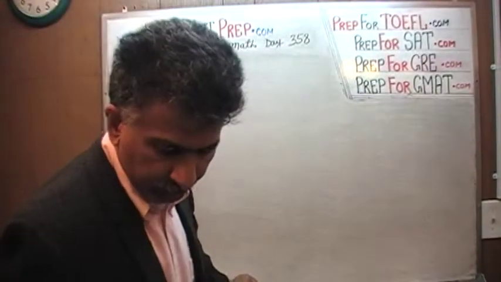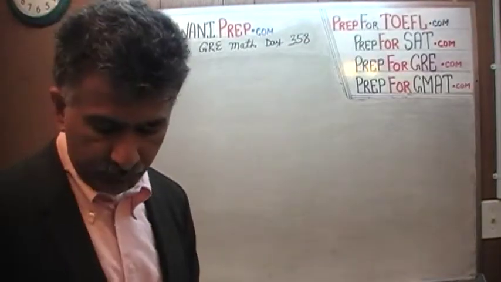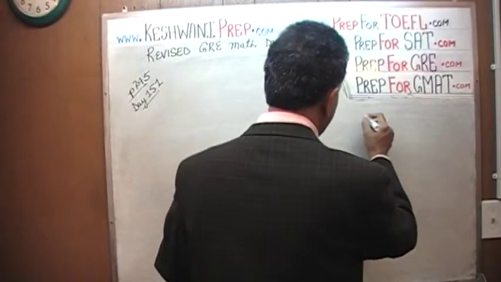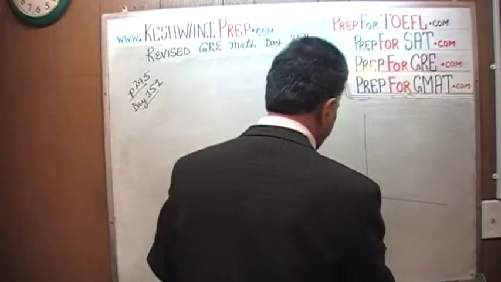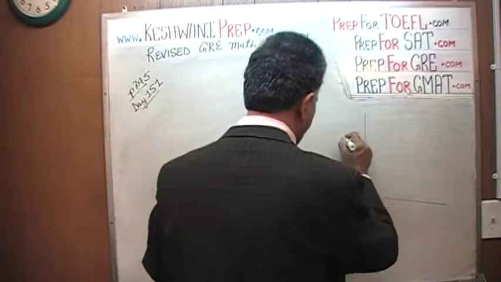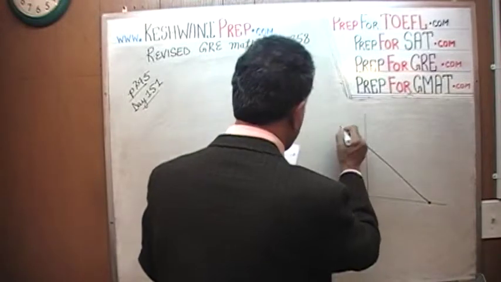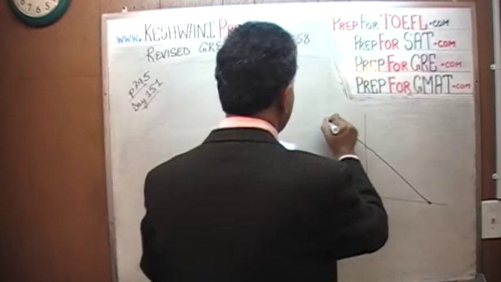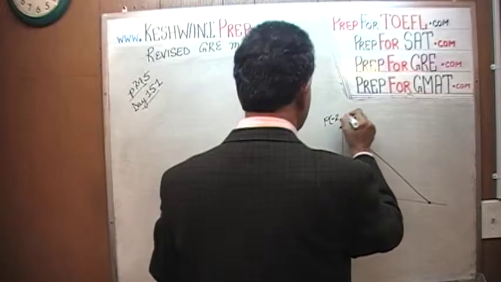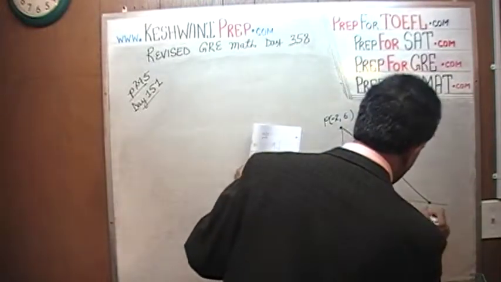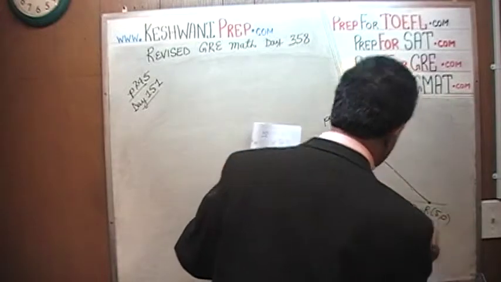Problem number 17, if you have the book in front of you, you will see that it has a picture that goes with it. So let me reproduce the picture here. We are given a triangle. Looks something like this. And we are told this is P, which is -2 and 6. We are told this is Q, and this is R, which has the coordinate of 5, 0.